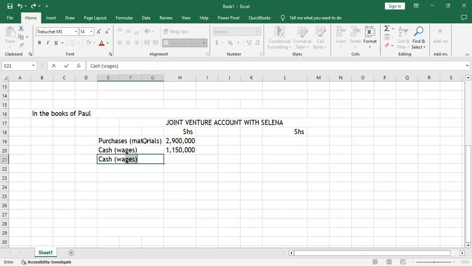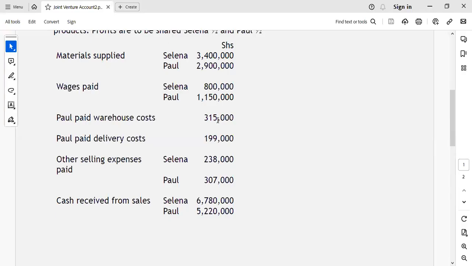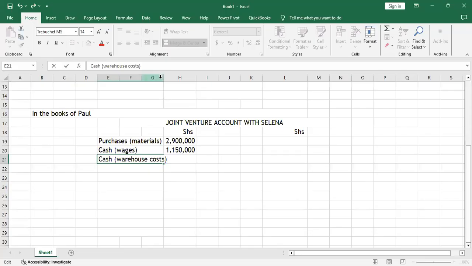This is for the warehouse costs. When I take you back, you'll see that Paul paid warehouse costs of 315,000, then also paid delivery costs of 199,000. So we have to enter this in our account.